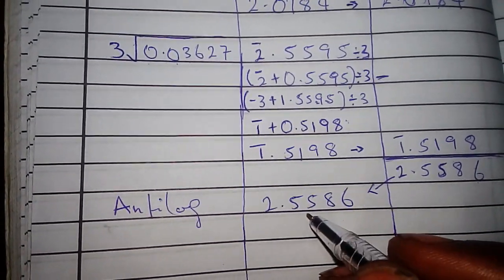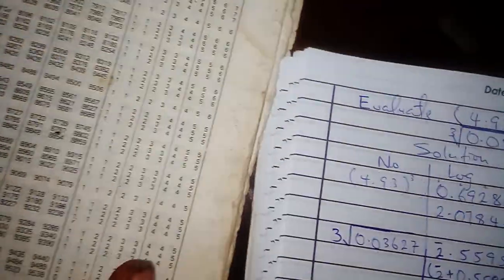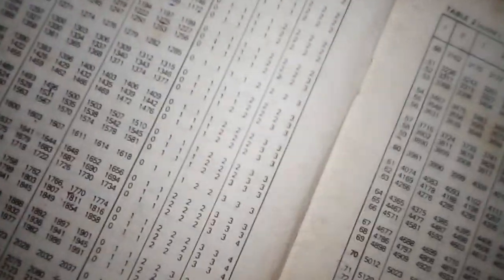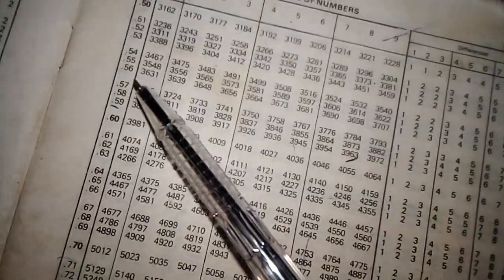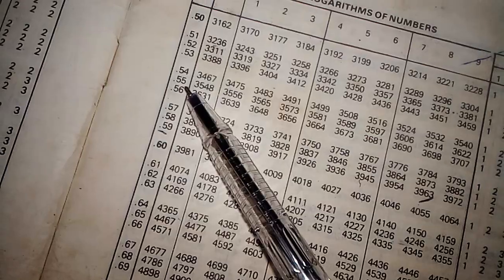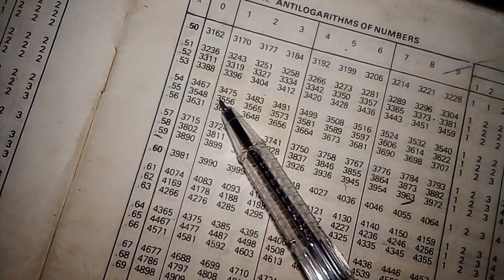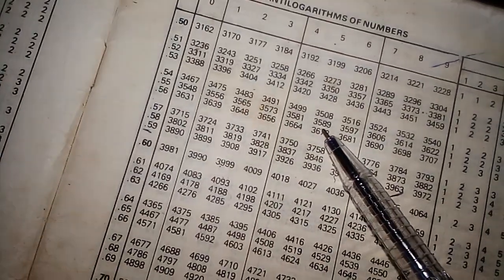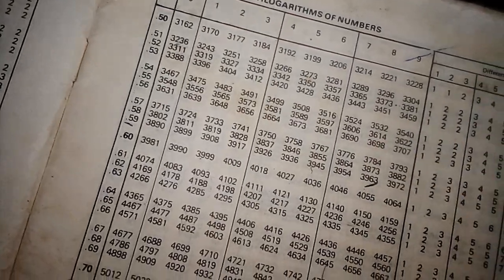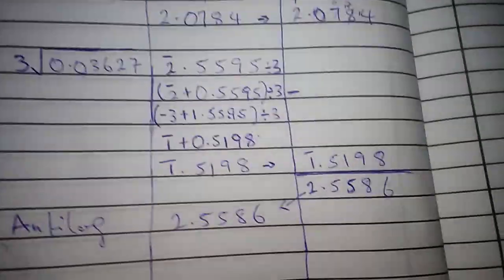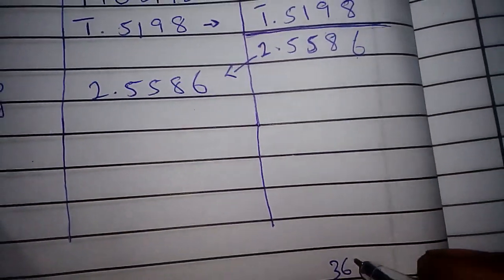So 55 under 8. Let's go to 55 under 8. Here we have 0, 1, 2, 3, 4, 5, 6, 7, 8. That is 36, 14. So we have 36, 14.